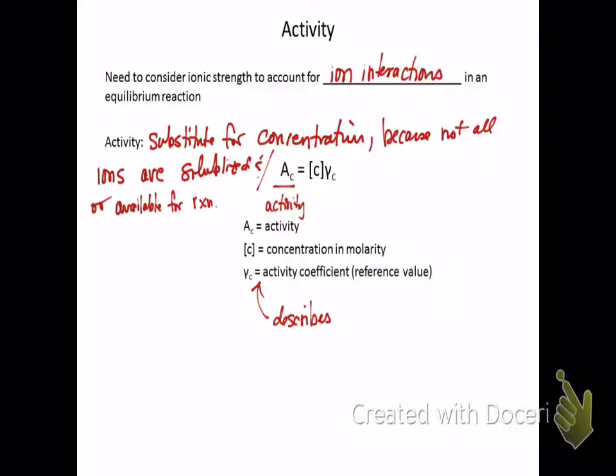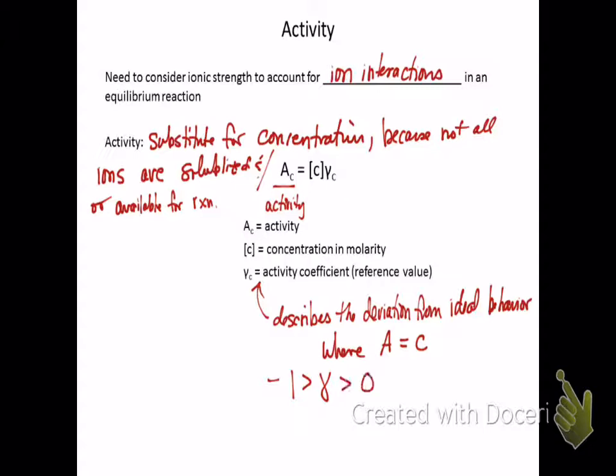We take our concentration, C, times an activity coefficient, which is a reference value we can look up or calculate. And this value describes the deviation from ideal behavior, where activity would be equal to concentration. Now, it's important to note here that our activity coefficient ranges from 0 to 1. So we can never have an activity that is greater than the concentration.